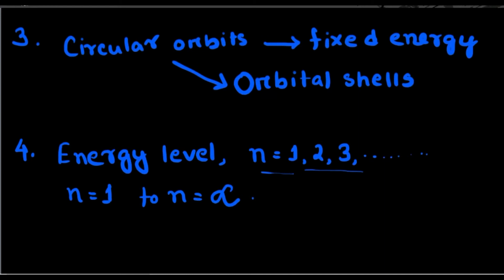Then the fifth postulate is the different energy levels or orbits are represented in two ways. So these are the three different orbits or energy levels, and this can be represented in two ways.